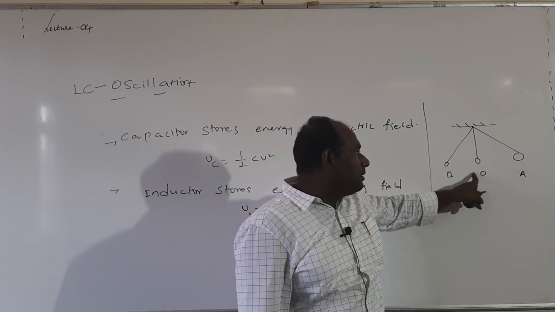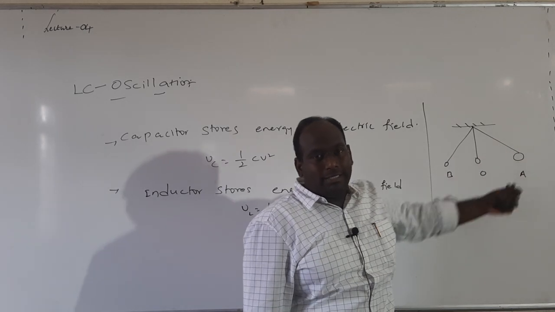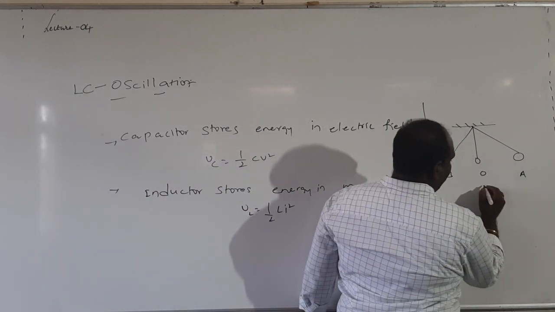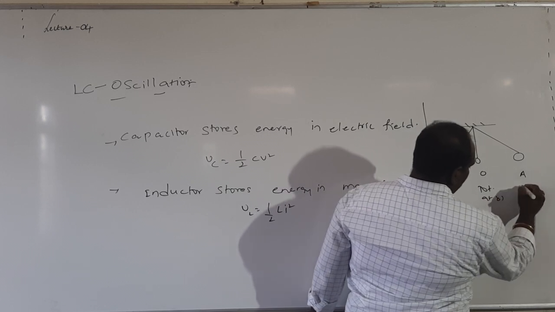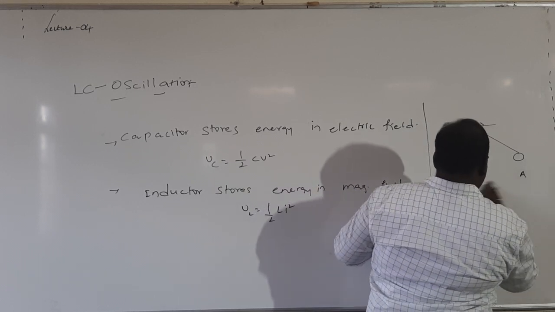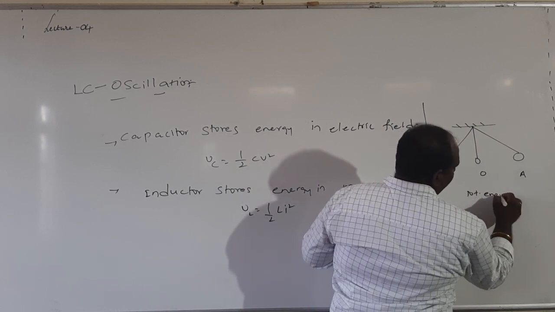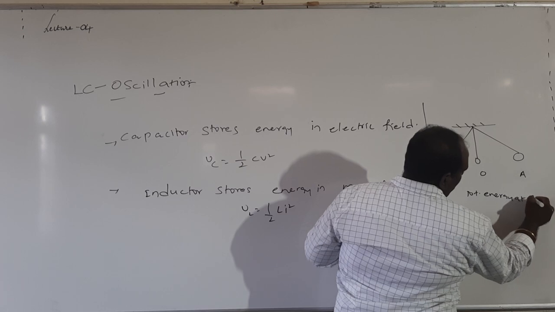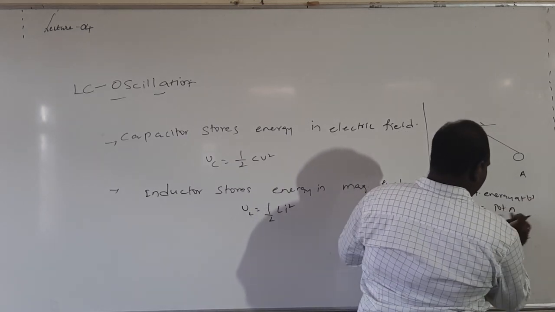As the pendulum bob keeps on moving forward, total kinetic energy is converted into potential energy. So we can say total energy at O equals total energy at A.